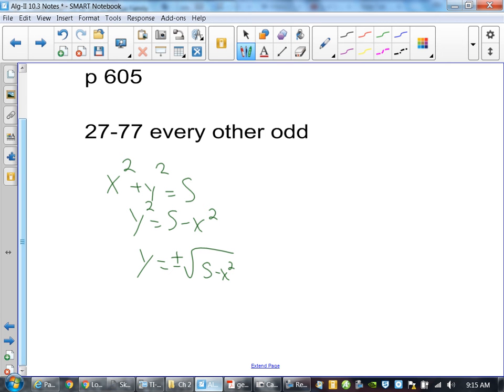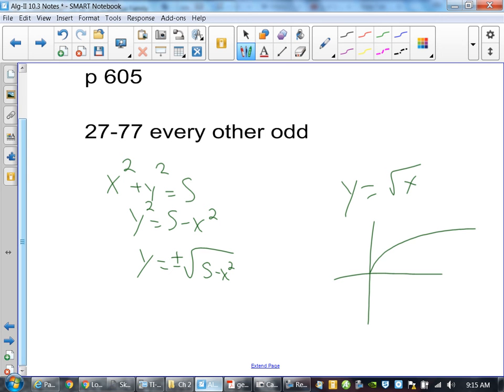Oh, you forgot to put x squared, that's fine. Because what you have there is, we haven't done this yet, but eventually we will graph y equals the square root of x. Y equals the square root of x does look like this.